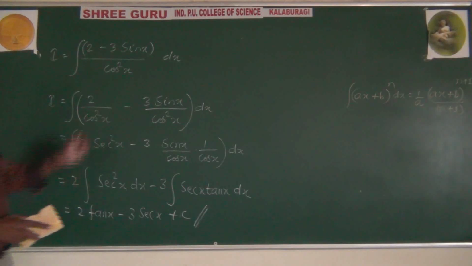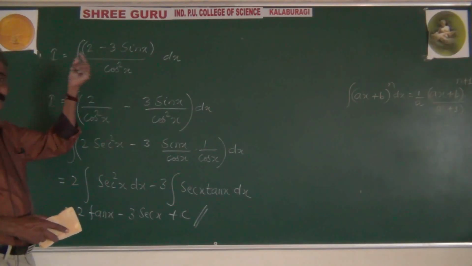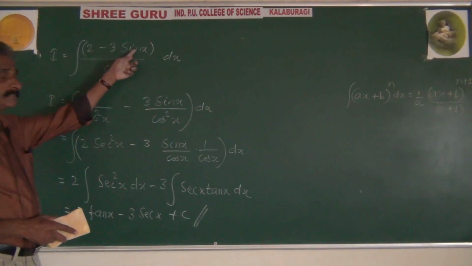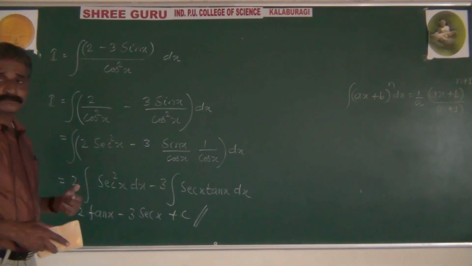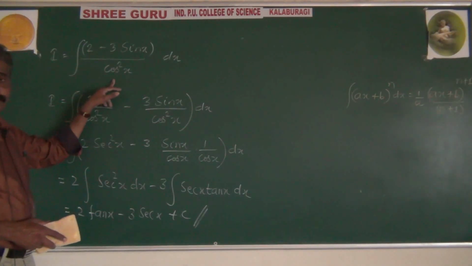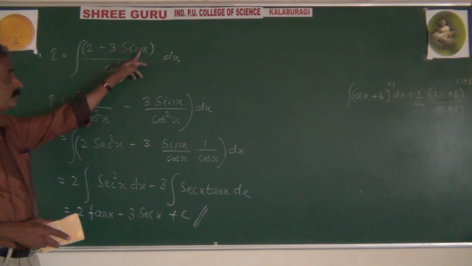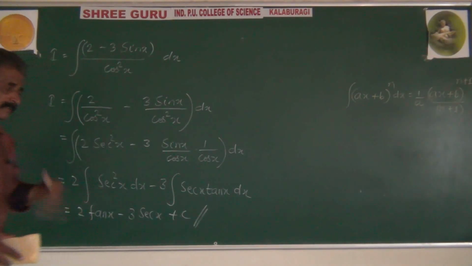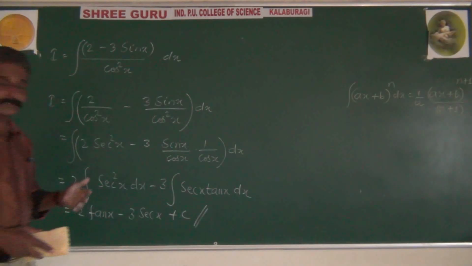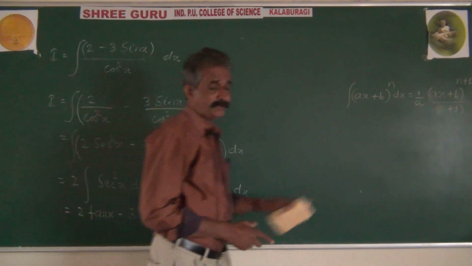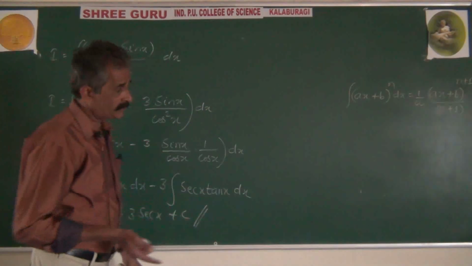Similarly, it may be whatever number, does not matter, 2 plus 3 cos x divided by sin square x. 1 by sin square x becomes cosec square x, cos by sin becomes cot, 1 by sin becomes cosec. Then use that formula which is related. What is integration of cosec square x? Minus cot x.